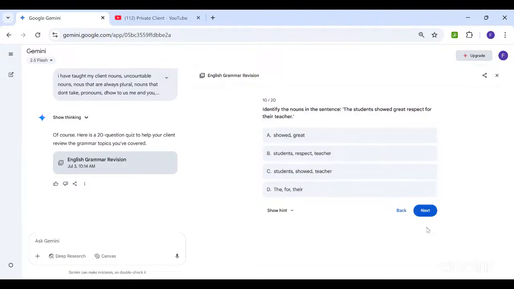Identify the nouns in the sentence. The students showed great respect for their teacher. Identify the nouns. Students.